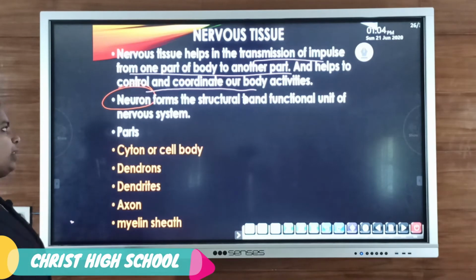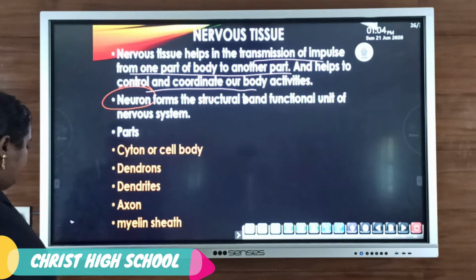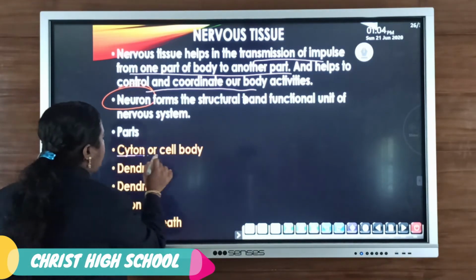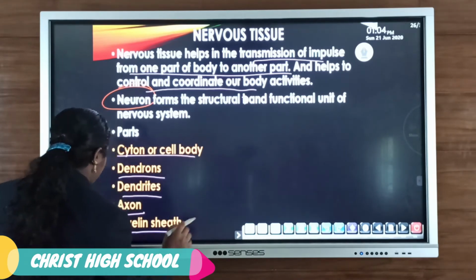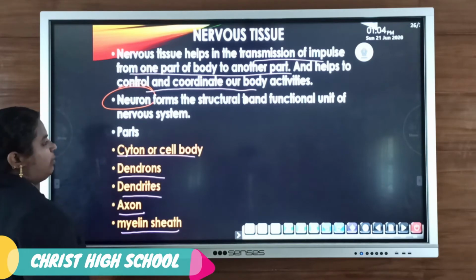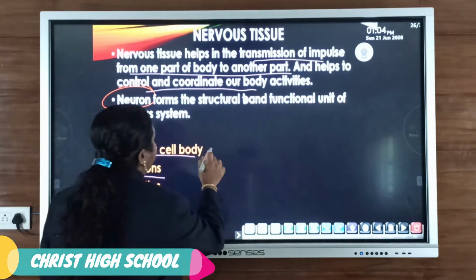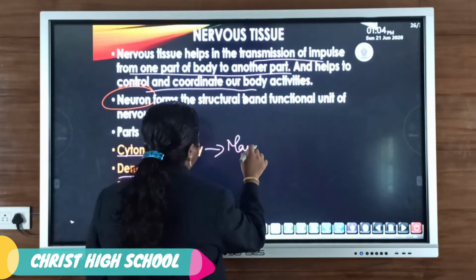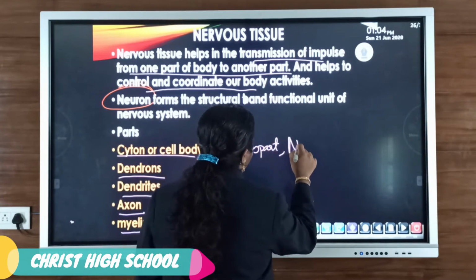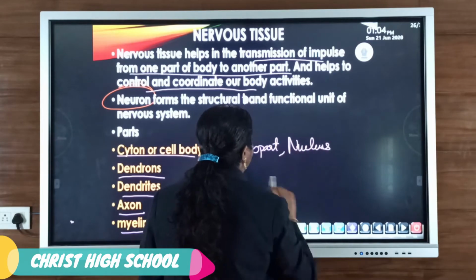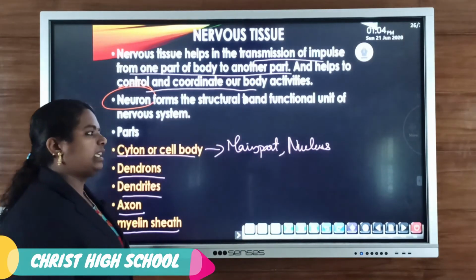So the different parts of a neuron consist of cytosol or cell body, dendrons, dendrites, axon and myelin sheath. Cytosol or cell body is the main part, which contains nucleus as well as mitochondria, like the cell organelles.